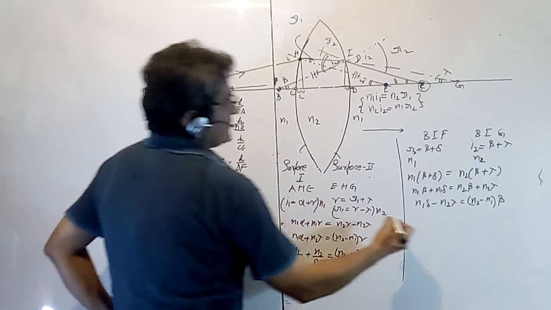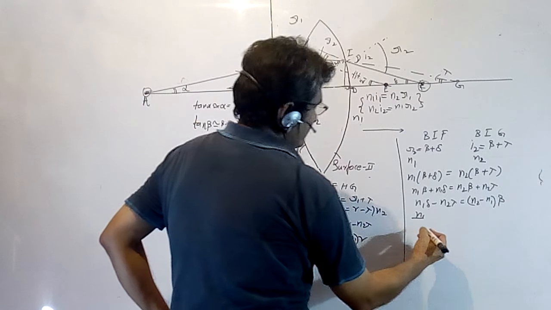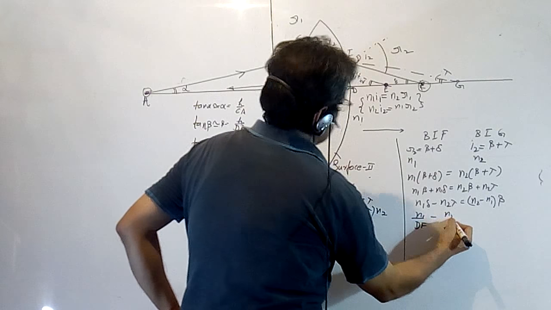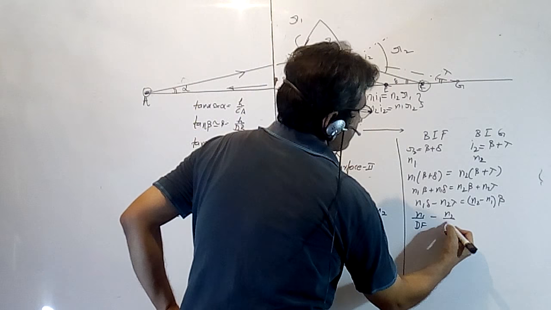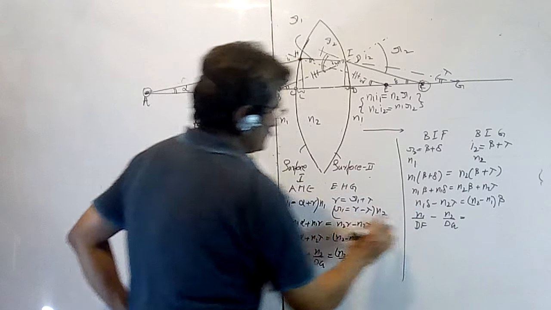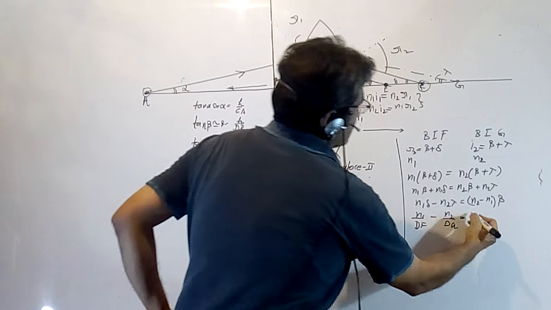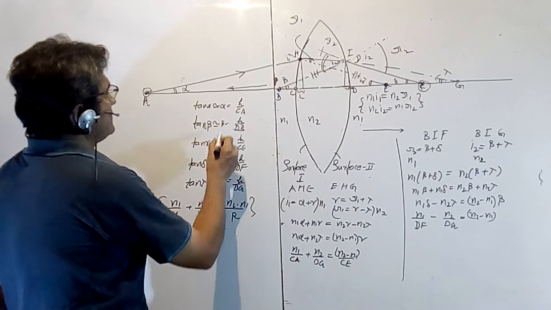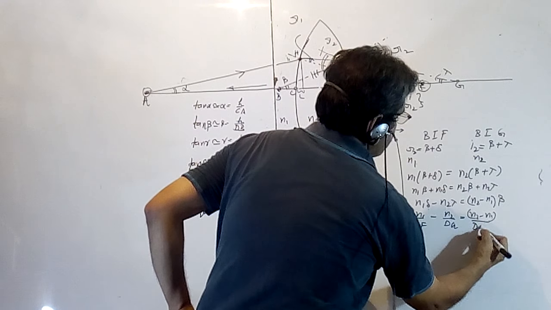Now put the value of delta. Delta is N1 upon DF, minus N2. What is lambda? Lambda is DG. Here don't put the sign, I am putting the trigonometric values, not the optics values. N2 minus N1. What is beta? It is DB.